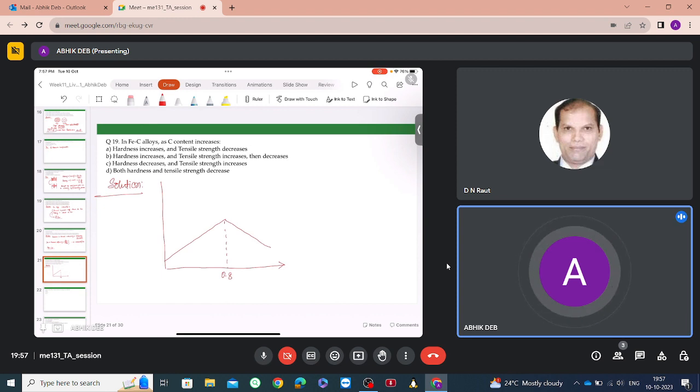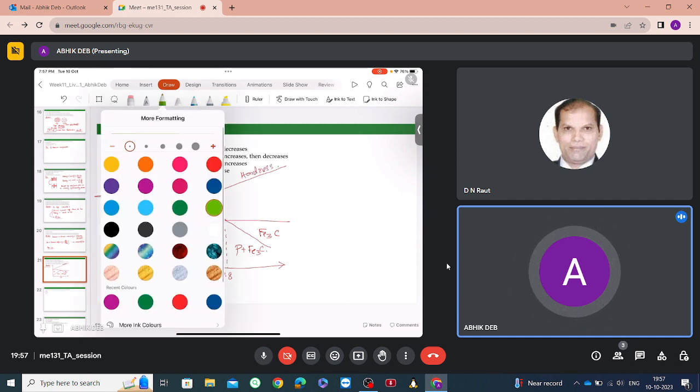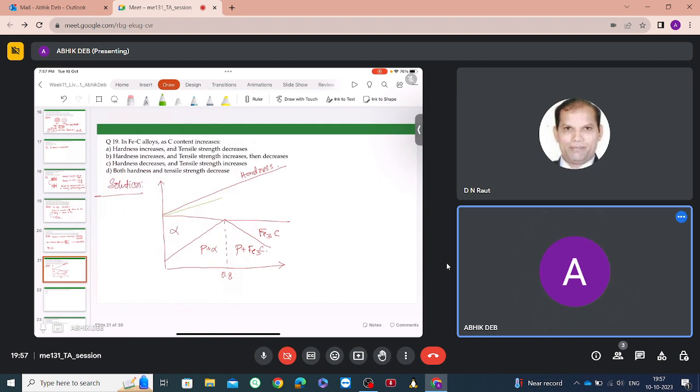This is just a simplified diagram. Now if we see the hardness, it will increase like this. The tensile strength, however, will increase till this point and then decrease.